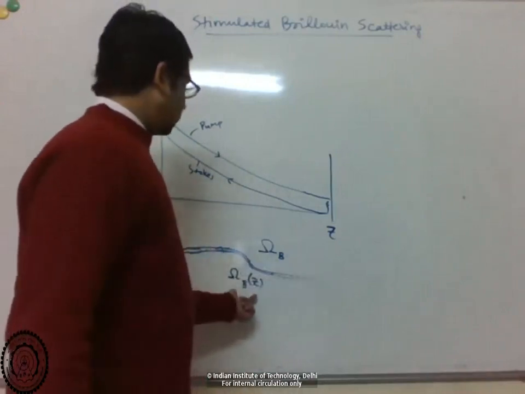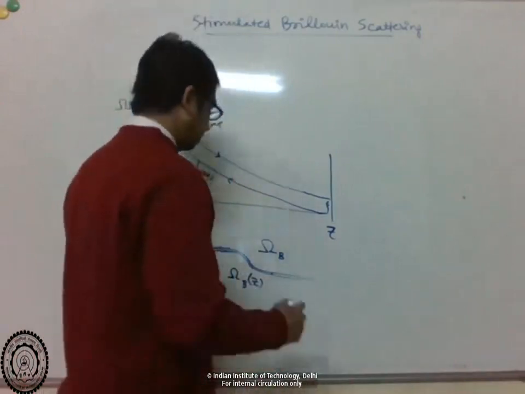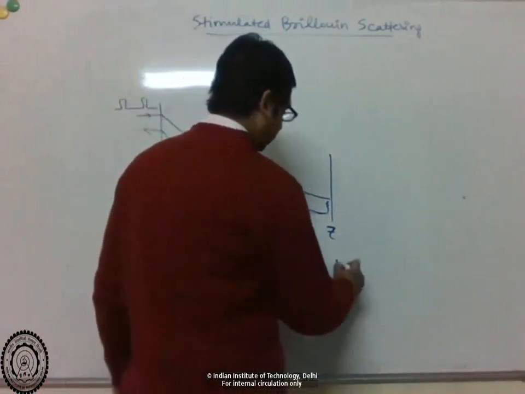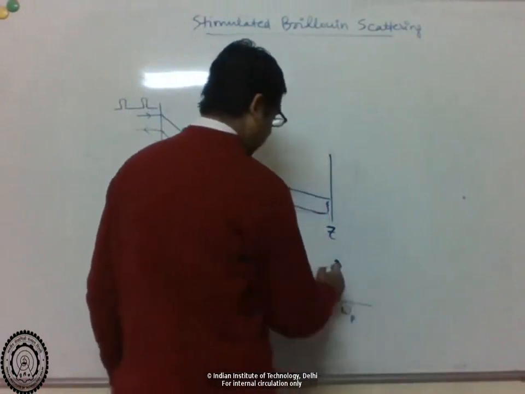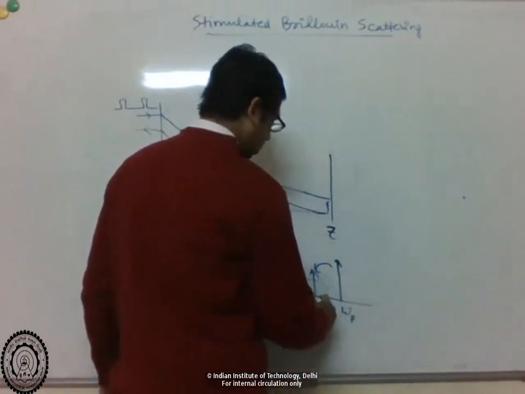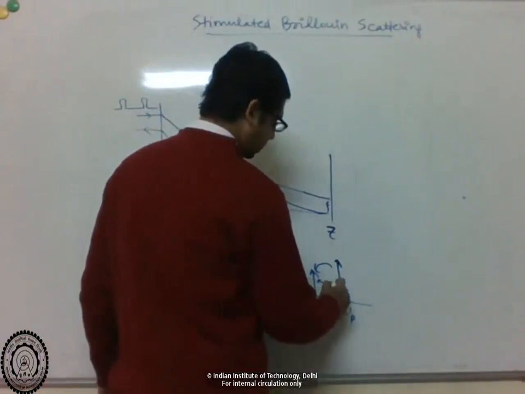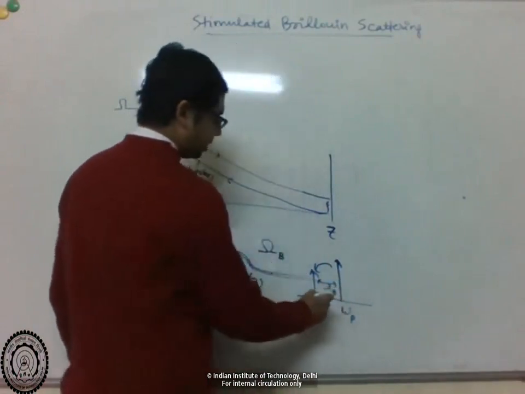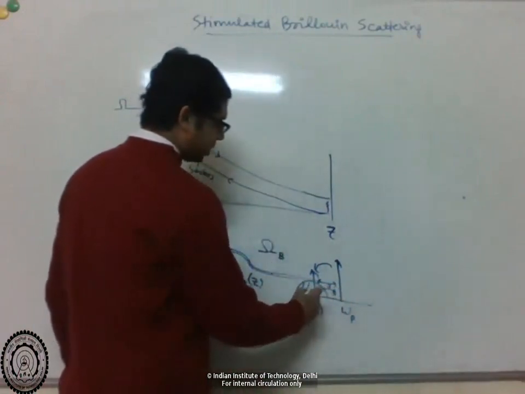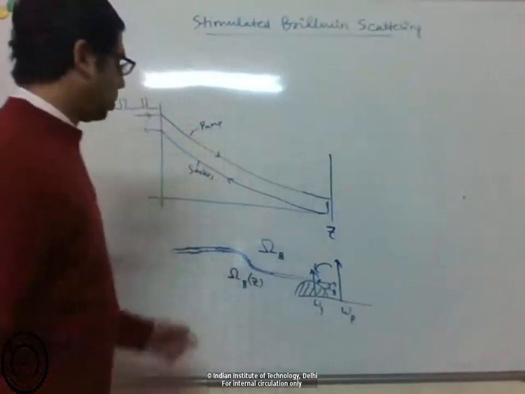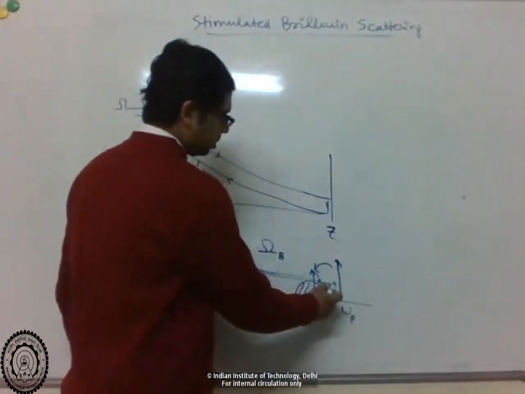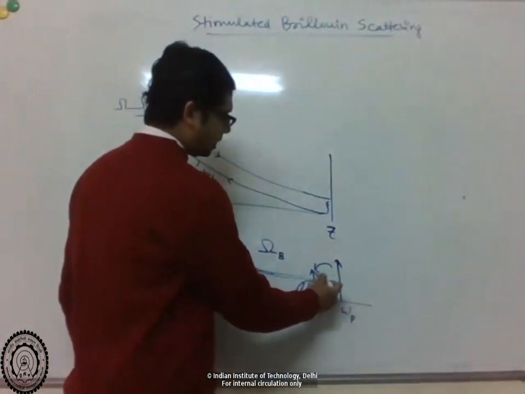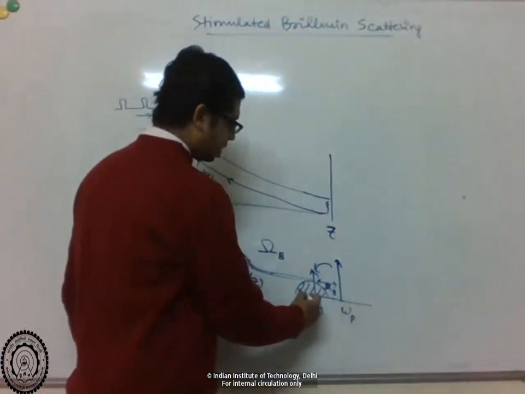So instead of the pump scattering to the Stokes with a single Brillouin shift, there is a broad range of frequencies due to these inhomogeneities, and you can imagine that instead of all the scattering happening at one frequency, you distribute it over many frequencies.